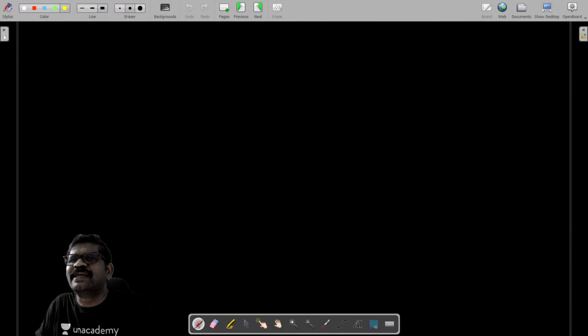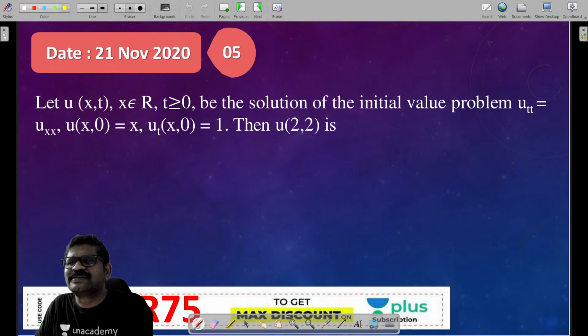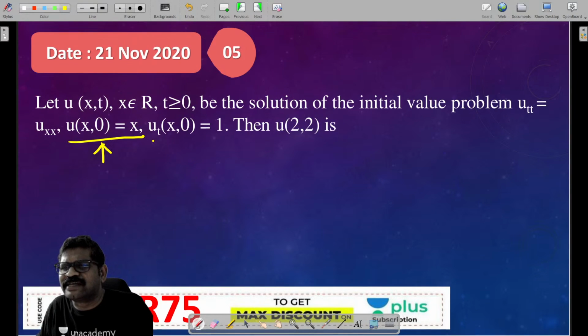One initial condition is u of x comma 0 is x, another initial condition is u_t of x comma 0 is 1. Now u of 2 comma 2, we have to apply D'Alembert solution of wave equation.